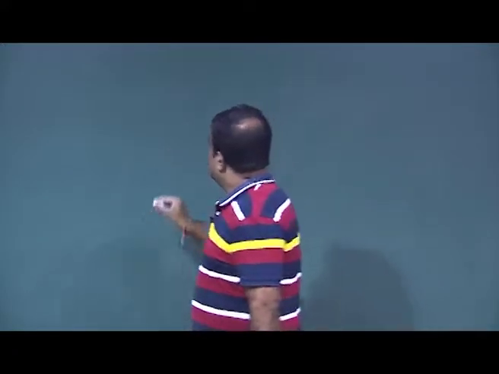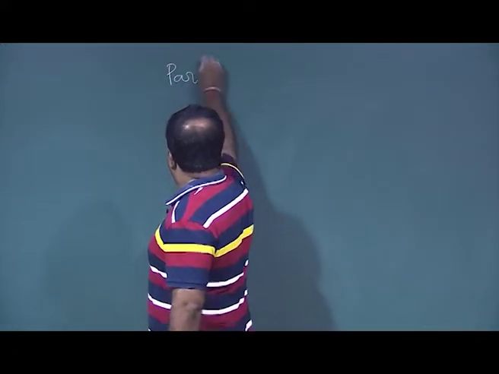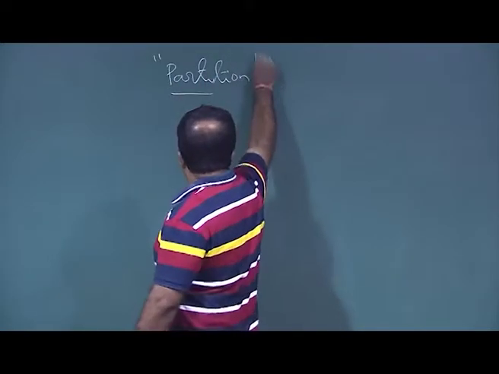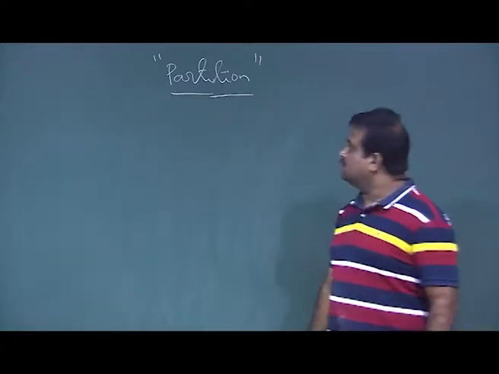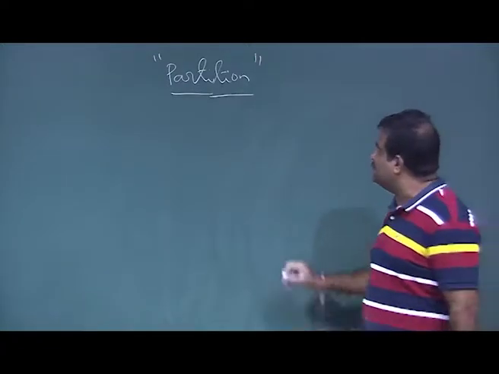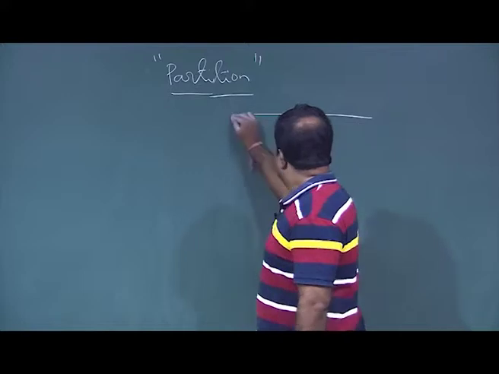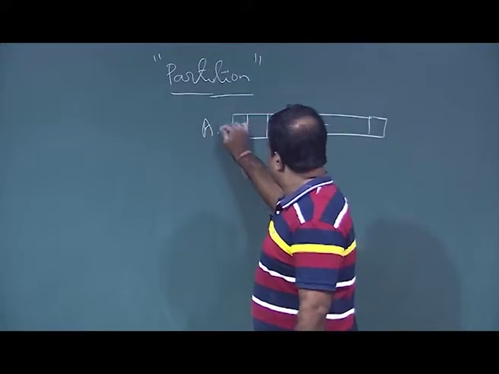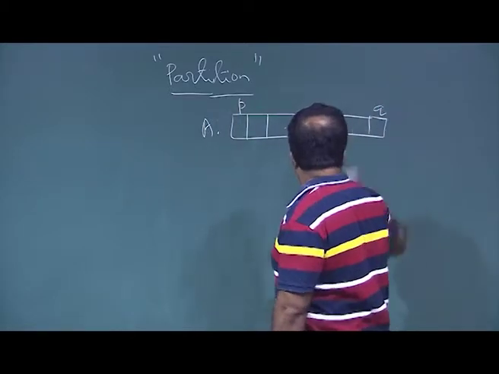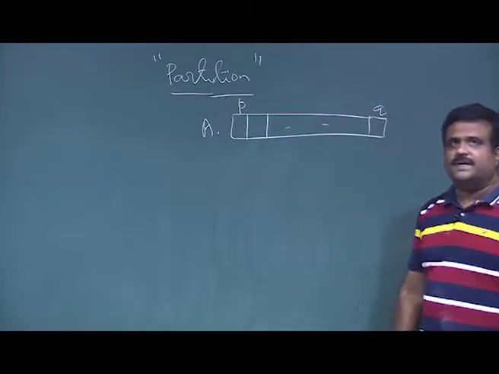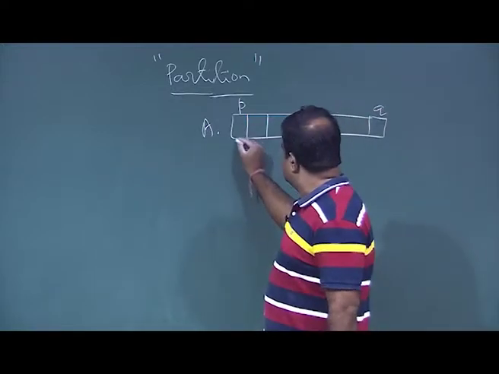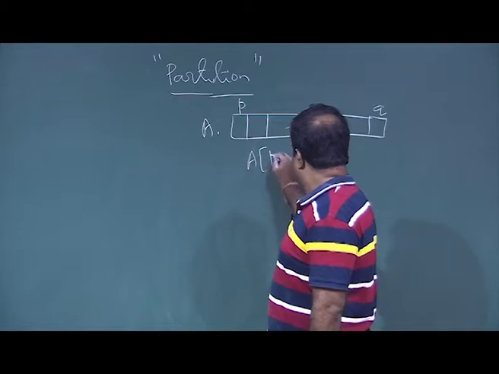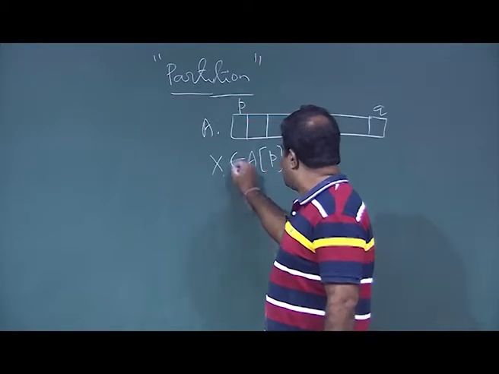Okay. So, our partition subroutine in quick sort. Just to recall, suppose we have an array A from P to Q. What are we doing in partition? We choose A[P], the first element, as the pivot element x.